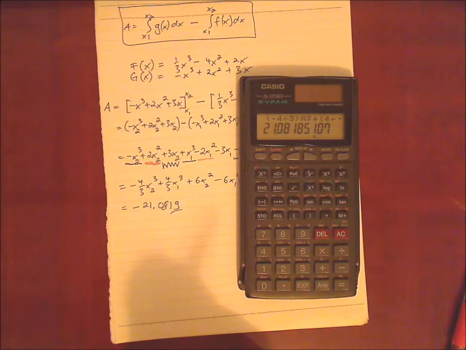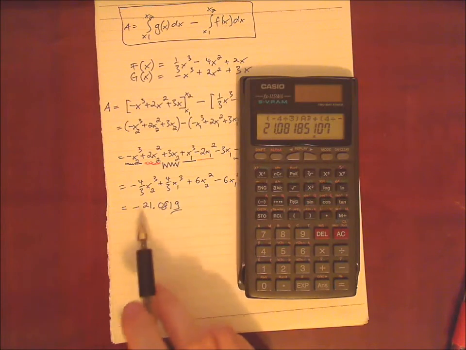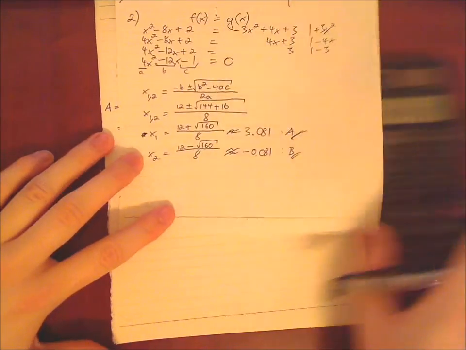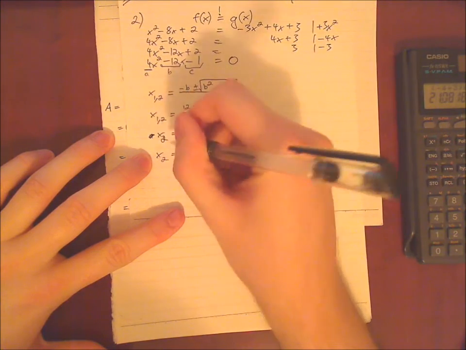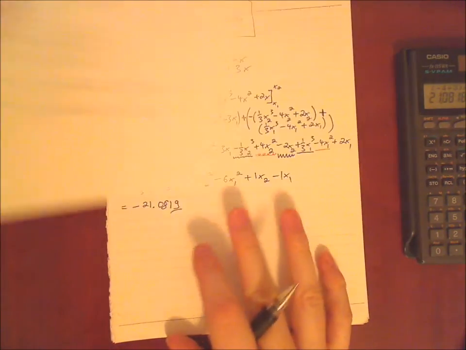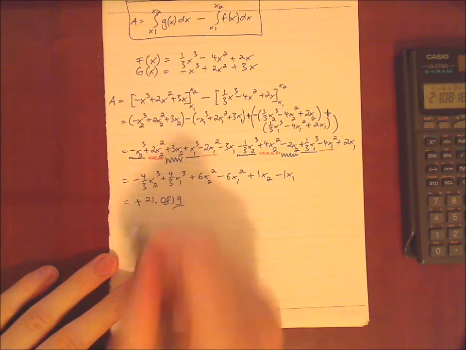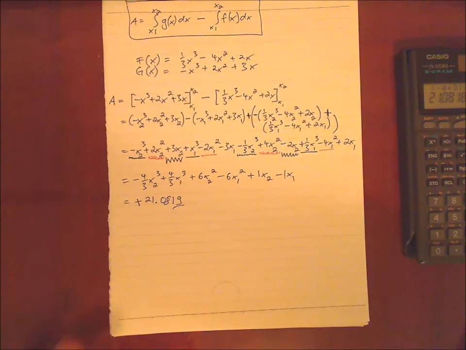In one case you end up with a negative value, and in the other case a positive value, which is actually more logical. In this case, I would just write maybe here, this is our x2, this is our x1. Then here I just write plus, and then everything would be fine.